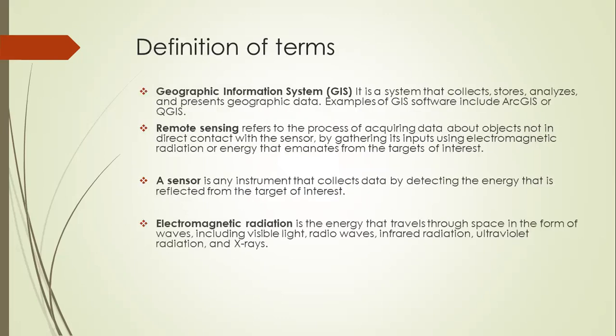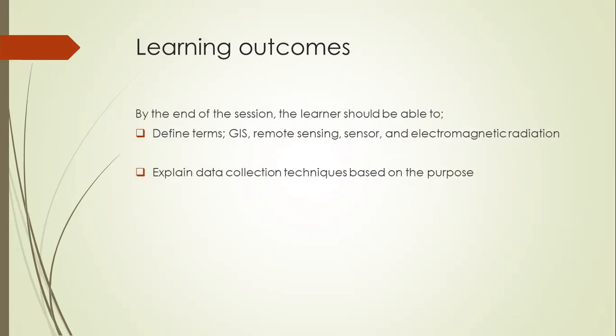So let me go straight to the first objective. Let's look at the definition of terms. So we are to define four terms as used in GIS and remote sensing. First, let me start from the definition of GIS. Jacob, please define for us GIS.